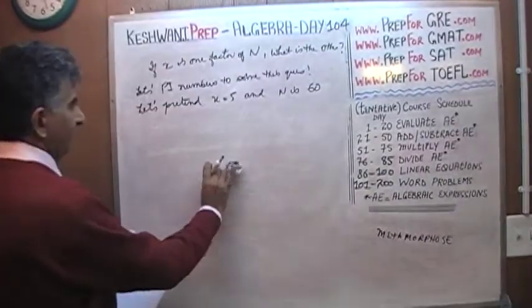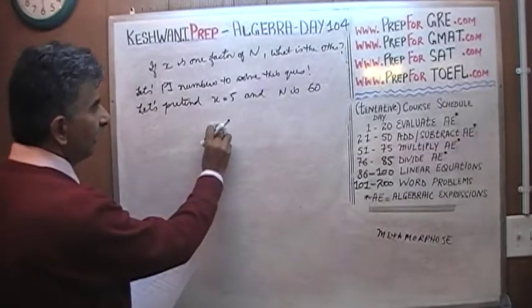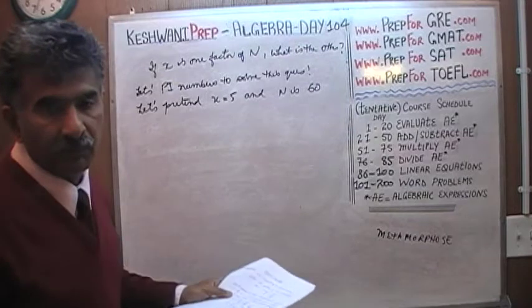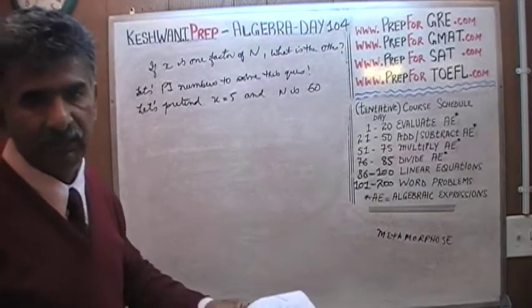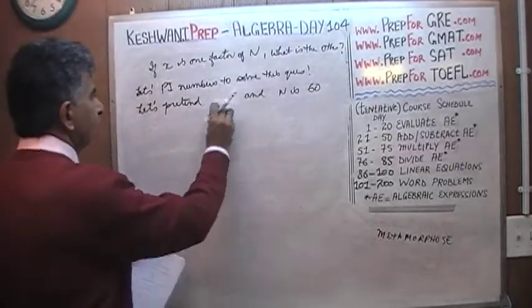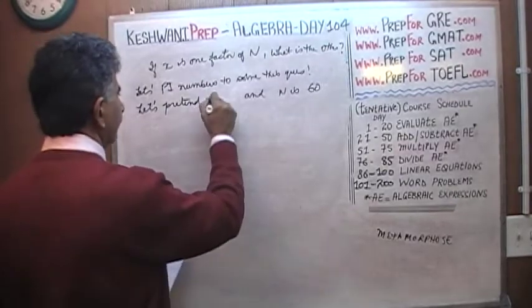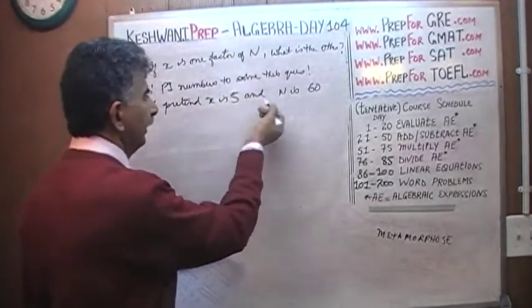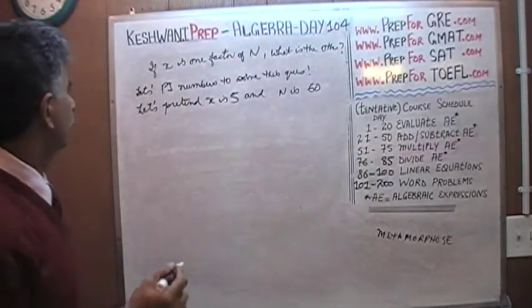I said x is and then I put down an equal sign because that's what it is. The equal sign is the algebraic way of saying is. In mathematics, equal means is. Let's pretend that x is 5 and n is 60, and let's see what the question reads now.